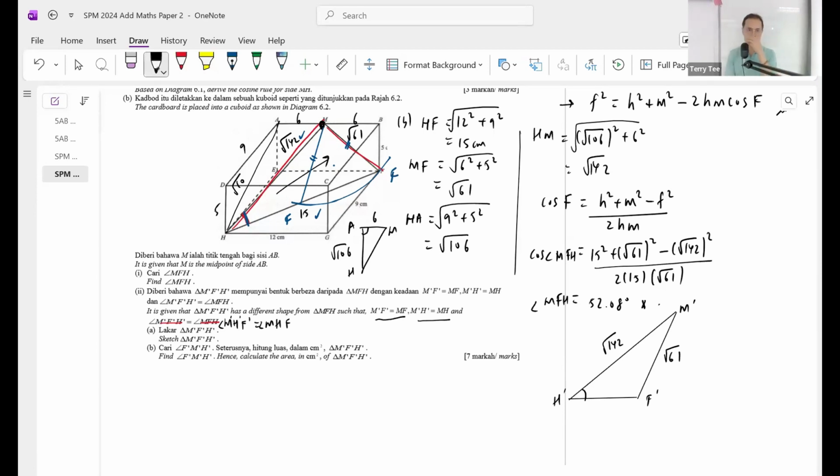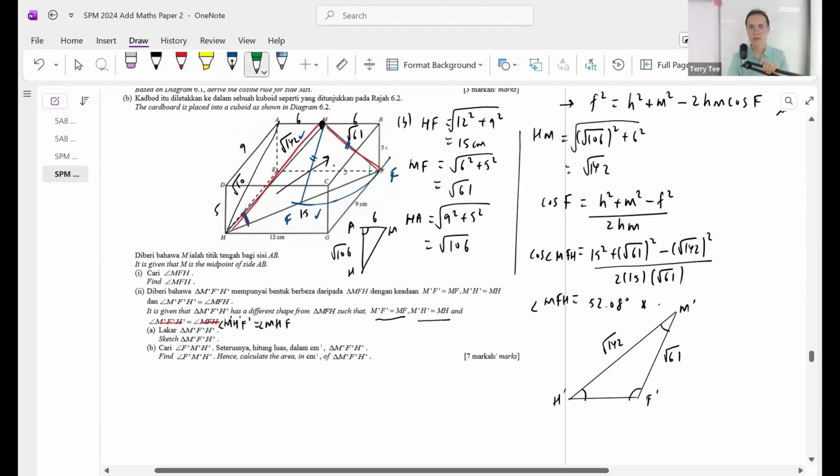Okay, now the thing is, we need to find FMH, this angle, and then calculate the angle. We need to first find this angle. Why? How do I know? Based on this triangle, everyone, we know this angle just now was 52.08. So this is also 52.08, right? By using ambiguity, this is 52.08.